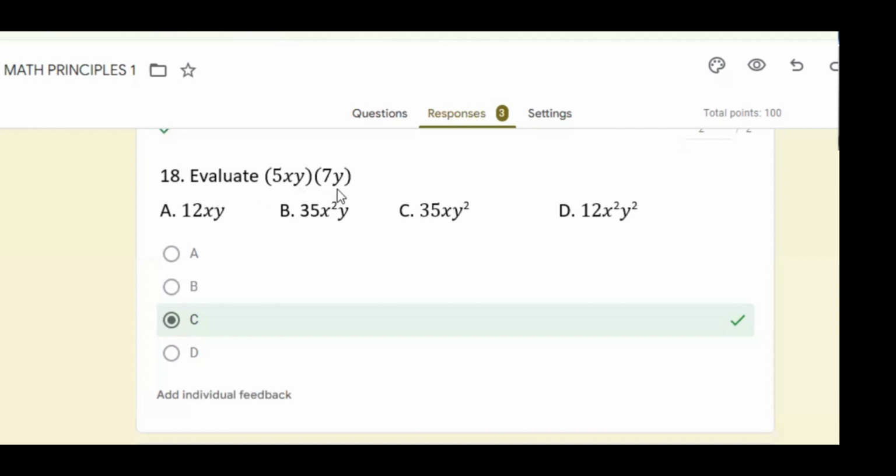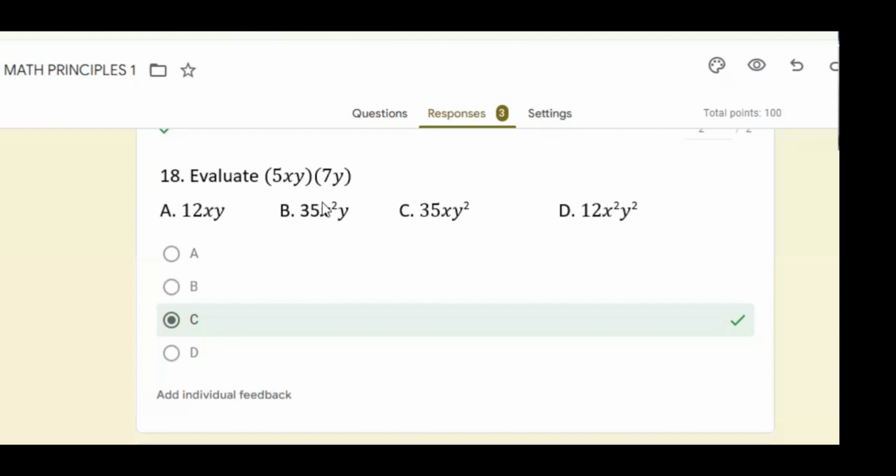What about y? Both of the terms have y, so we are going to add the y's, which is going to give us 35xy to the power of 2. You add their power.